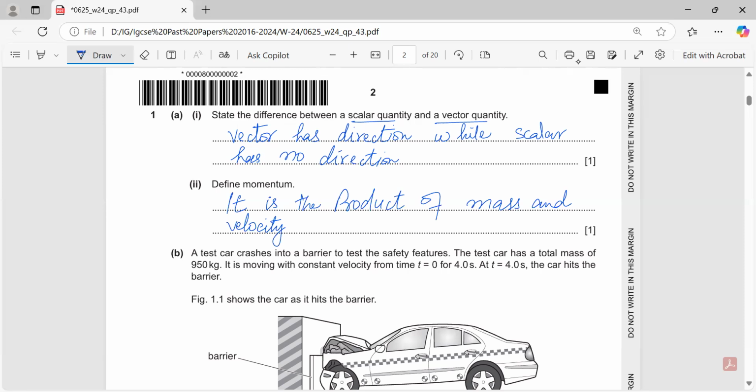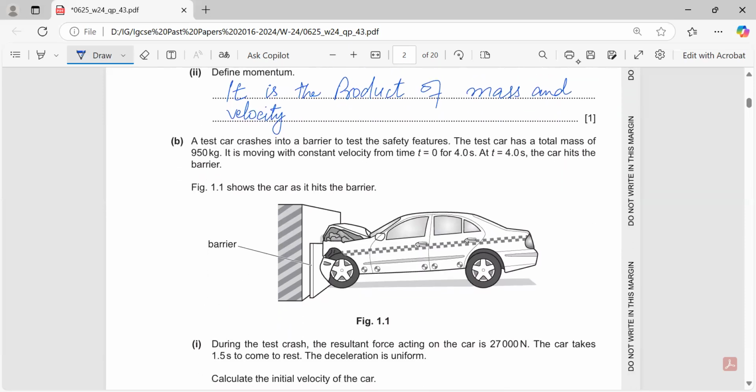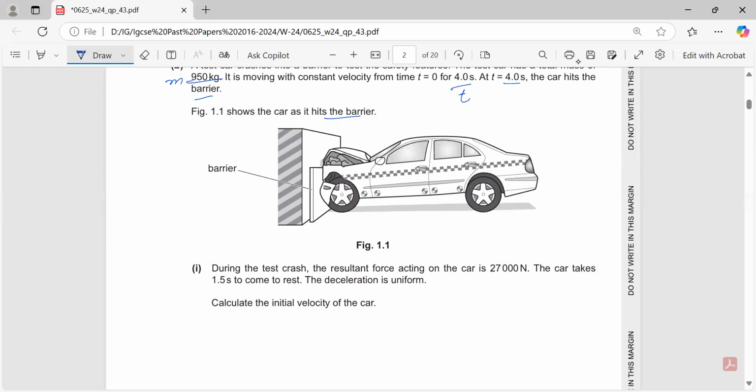A test car crashes into a barrier to test the safety features. The test car has a total mass of 950 kilograms, so the mass of the car is given. It is moving with constant velocity from time t equal to 0 for 4 seconds. At t equal to 4 seconds, the car hits the barrier.